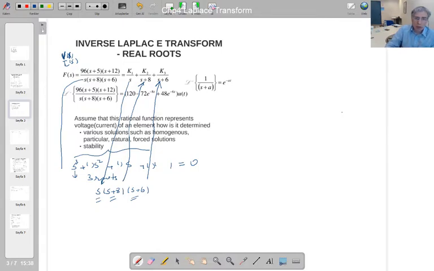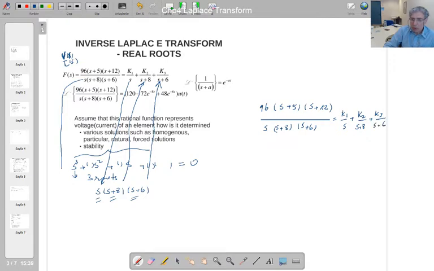Let me write this rational function here: 96(s plus 5)(s plus 12) over s(s plus 8)(s plus 6) is equal to k1 over s plus k2 over s plus 8 plus k3 over s plus 6.